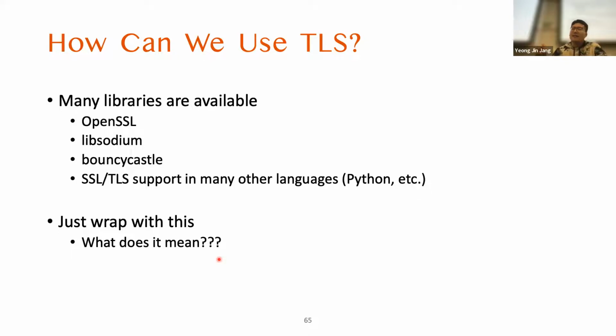Python and other languages also have an SSL library. In Python, the name of the library is still ssl, and the same thing happens in OpenSSL. Even though the standardized name was TLS, we still use the name SSL. That's why I always try to say SSL and TLS.